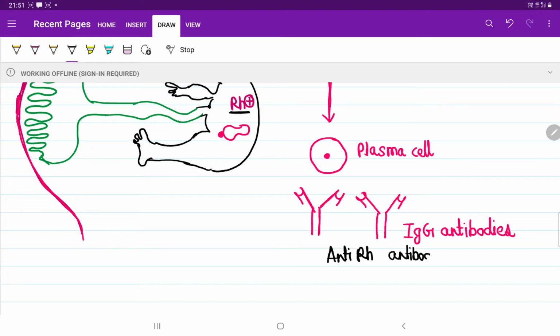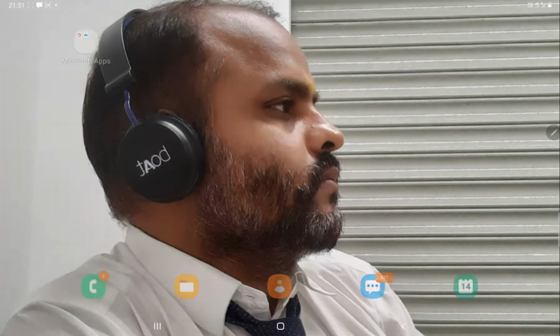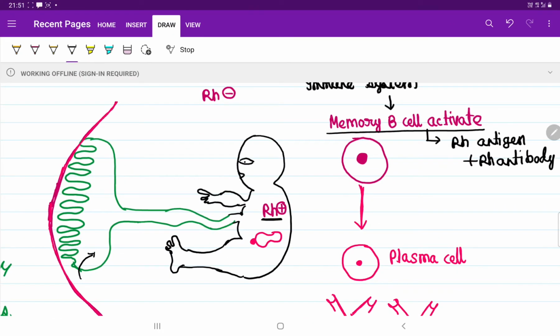Immunoglobulin G antibody. This immunoglobulin G antibody crosses the placenta and enters into the fetus's body. Immunoglobulin G is the only antibody which can cross the placenta, cross the umbilical cord, and enter into the fetus, right?